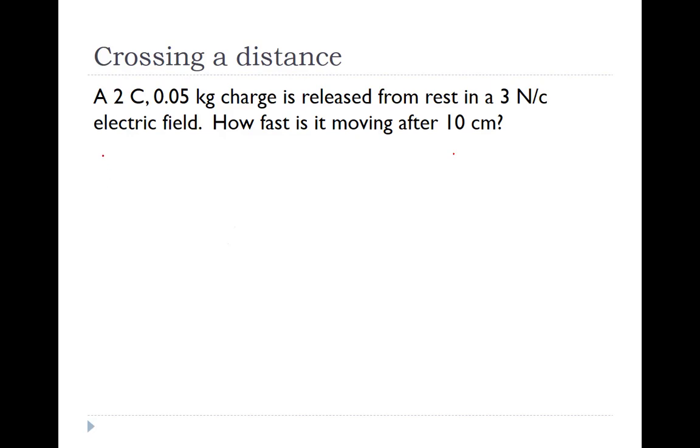So the first thing I'm going to do is determine the change in electric potential energy. So the change in electric potential energy will be the charge times the change in voltage, which can be written as the charge times the field times the distance.